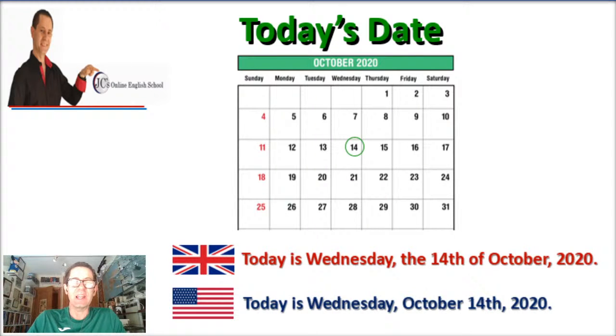There is a slight difference in the way British and Americans say the date. The British is more similar to the way we say it in Spanish, but we use the cardinal numbers and they use the ordinal numbers. That is the main difference.